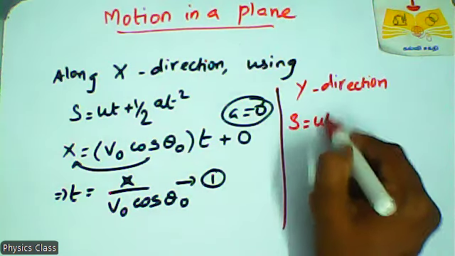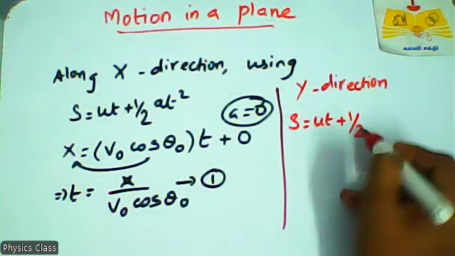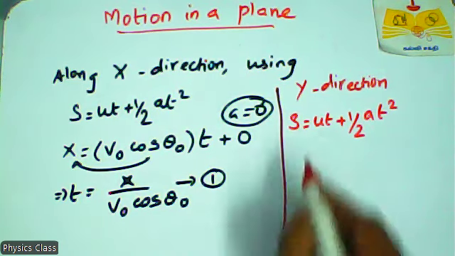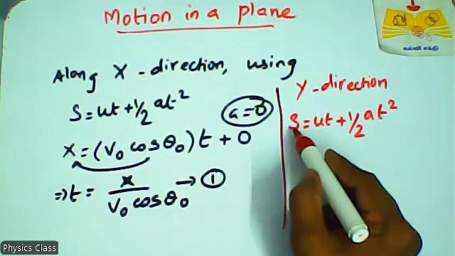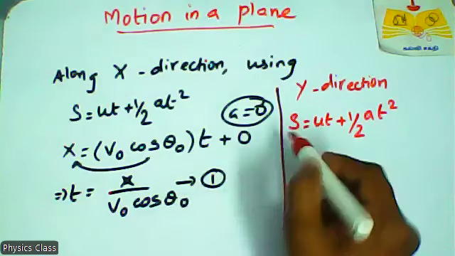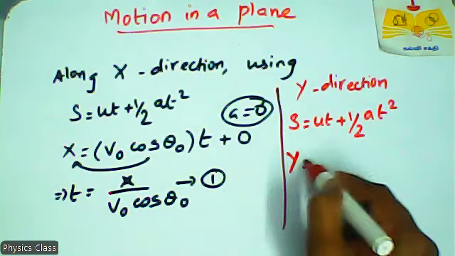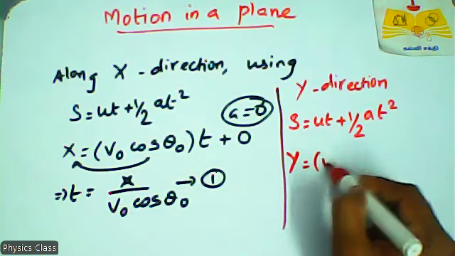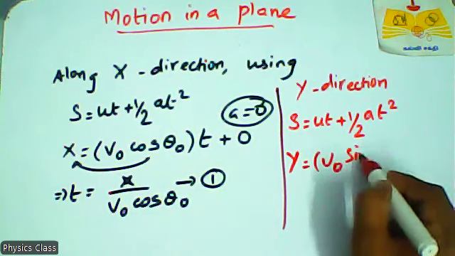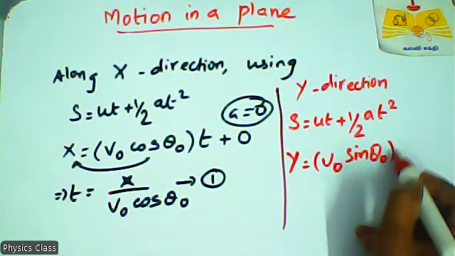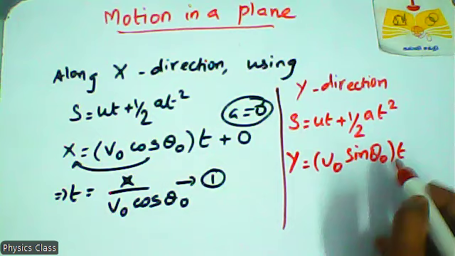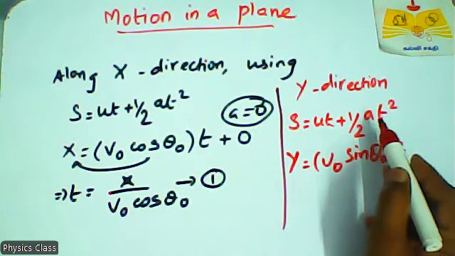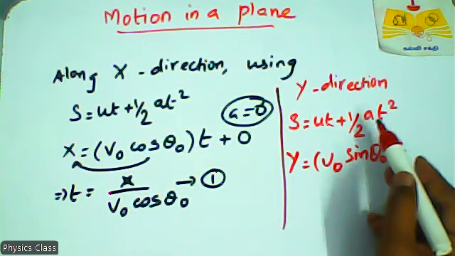S is the displacement along the y direction, which is replaced by y. u is the initial velocity along the vertical direction, which is v₀ sin θ₀, and the velocity changes along the vertical direction.